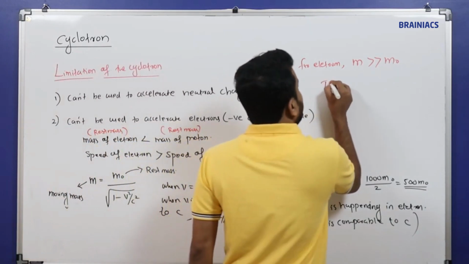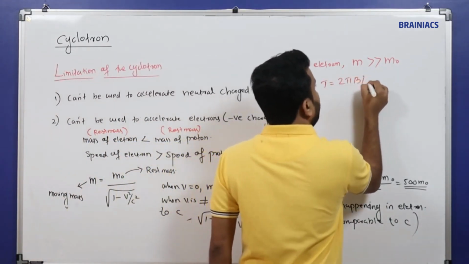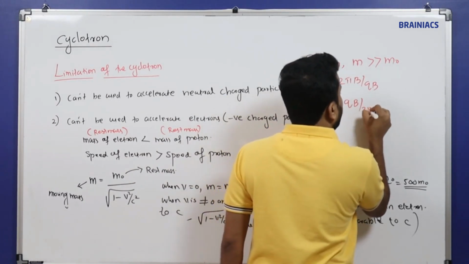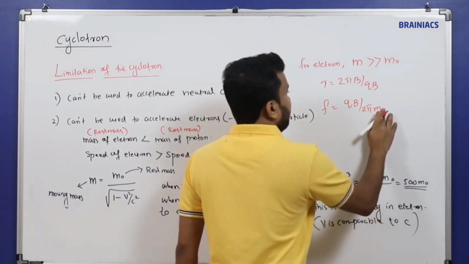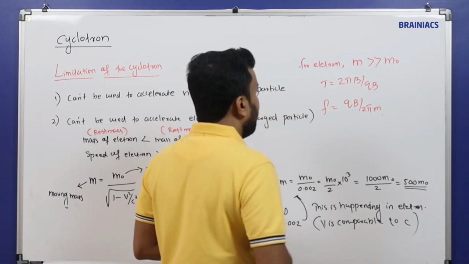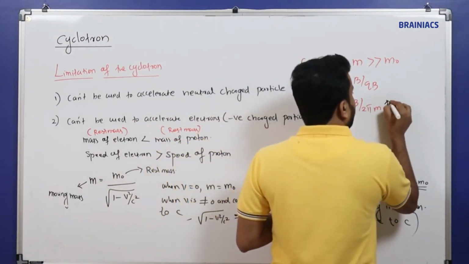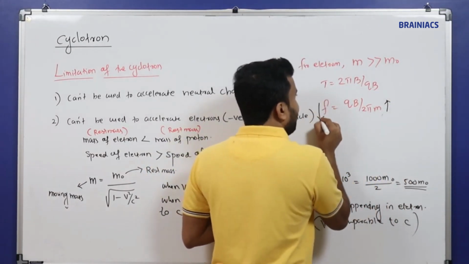What is our time period equation? 2 pi m by qB. What is our frequency equation? It is qB divided by 2 pi m. According to the frequency equation, when m increases, frequency reduces.